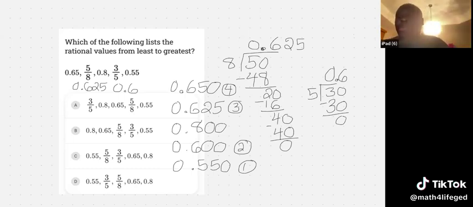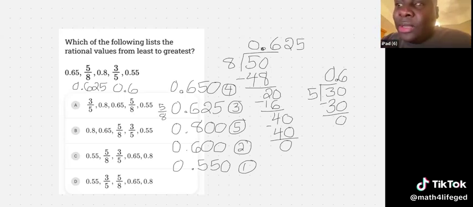All right. So now the 625 as a fraction is 5 over 8, so we can put that next to it, right? 625 as a fraction, that's 5 over 8. And then the 600 is 3 over 5.